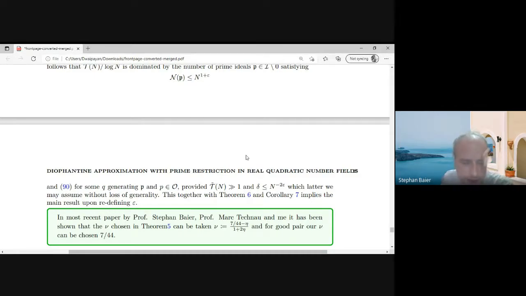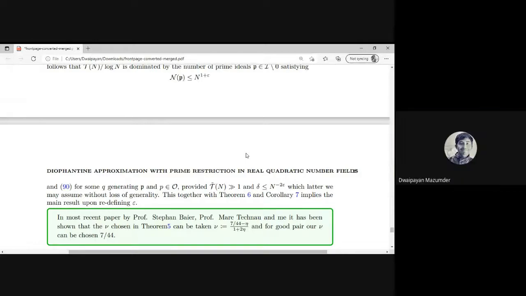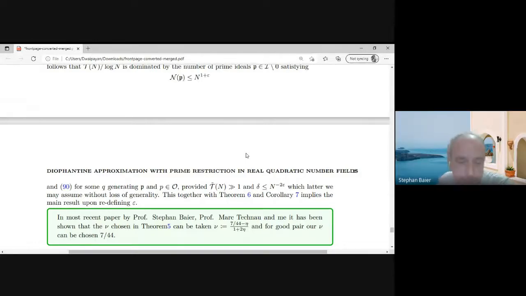Maybe I make one comment. There was this constraint with the good and bad pairs. Conjecturally, one should have that all pairs are actually good. But that's hard to show. That depends on very strong results about conjectures about primes and arithmetic progressions.